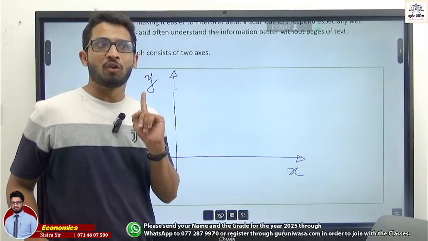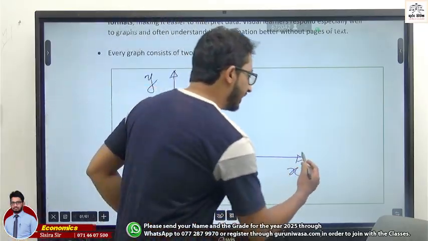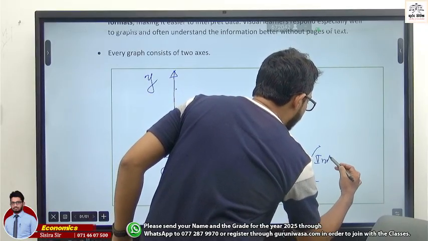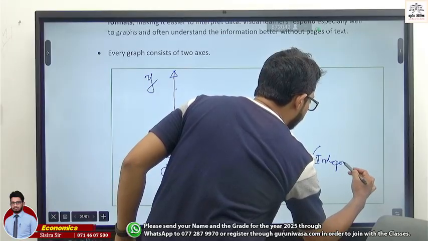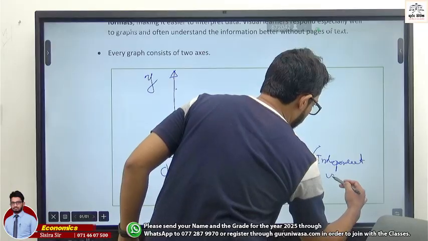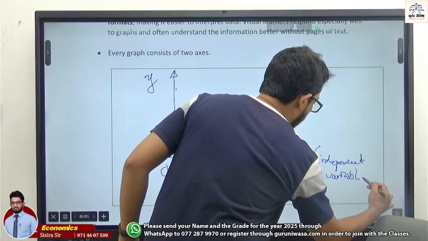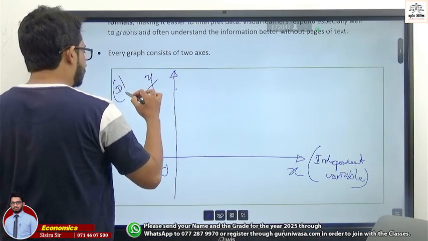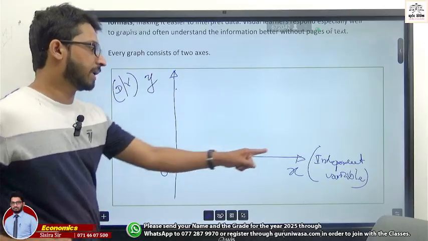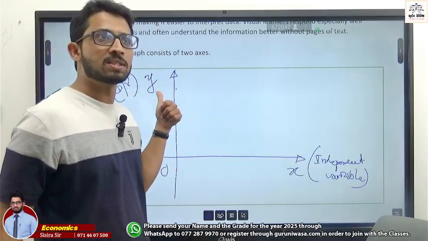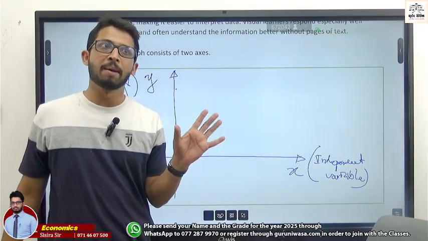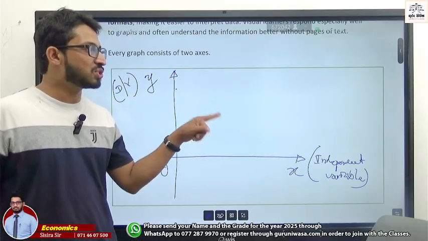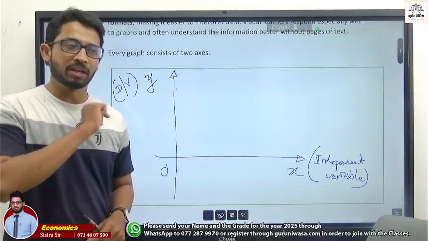Don't forget, Lamai. The x-axis shows the independent variable, and the y-axis shows the dependent variable. Remember, when drawing a graph, you can't change these two axes, Lamai.